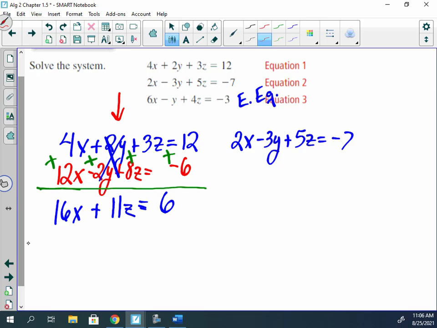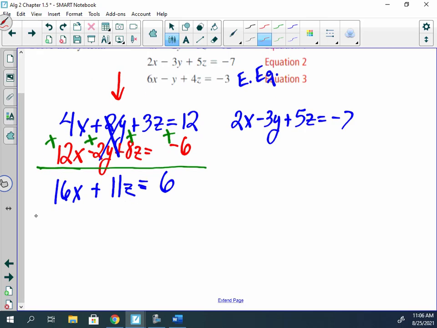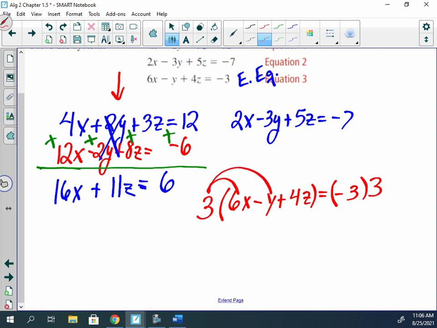So what we just did, we're going to do again for the other equation. But this time, our eliminator equation, what are we going to multiply everything by? 3, so that the values in front of y are going to be the same. Distribute the 3. 3 times 6x is 18x minus.